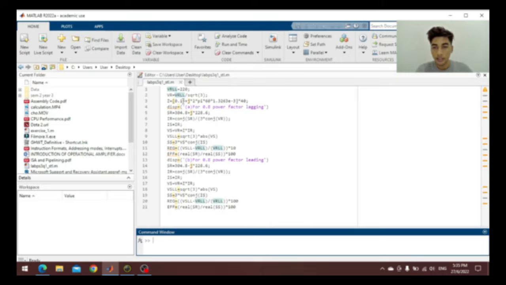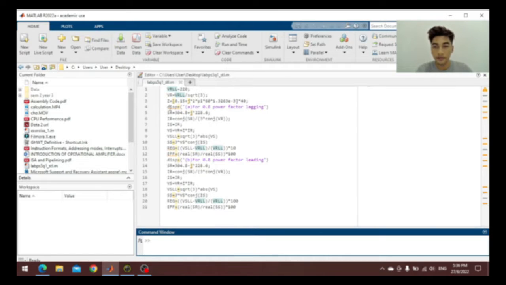The Z is 0.15 plus j, conjugate with 2 pi 60, multiplied by 1.3263 times 10 to the power of negative 3, and then all of this needs to be multiplied by 40.